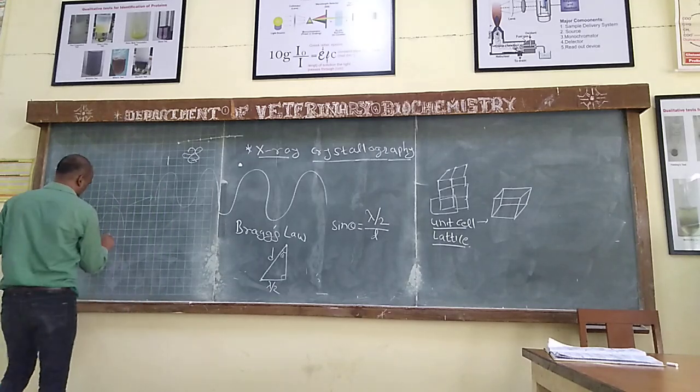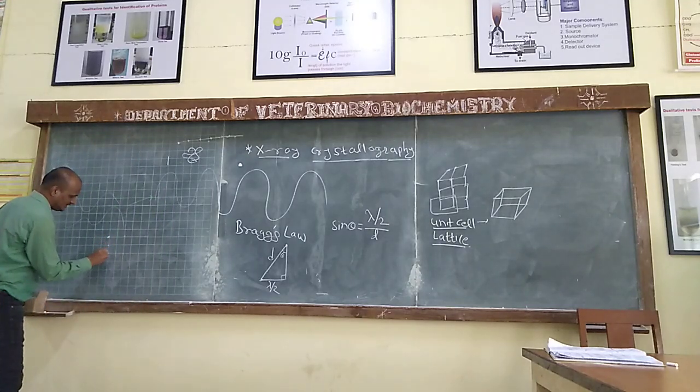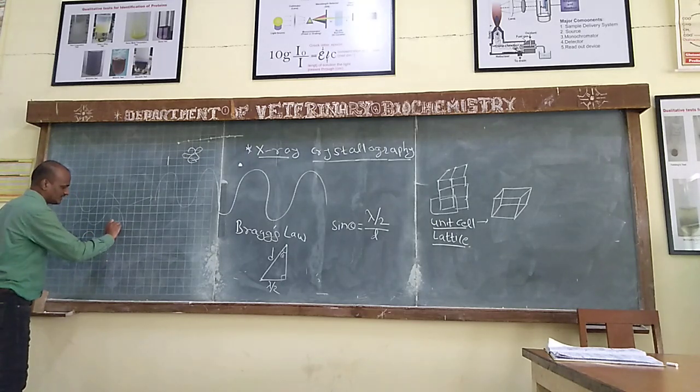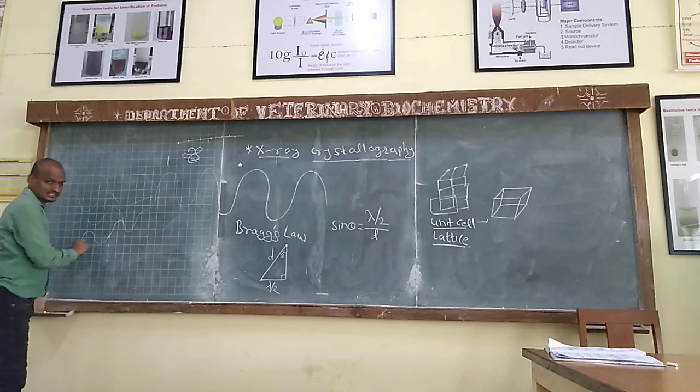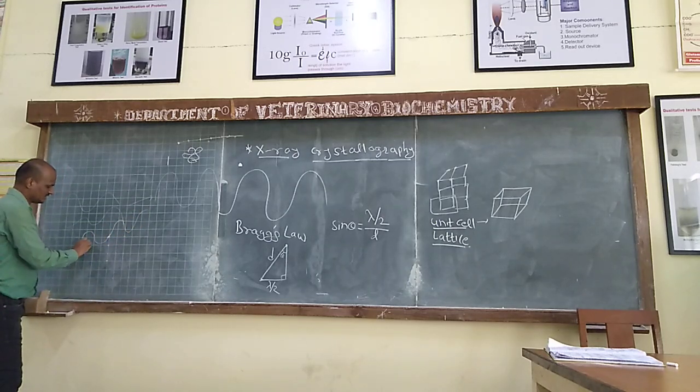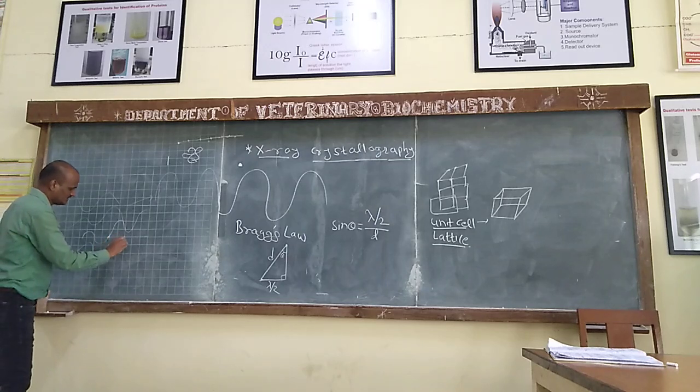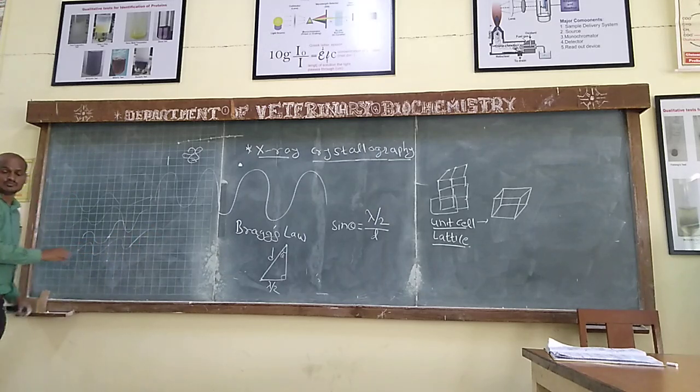If this wave is hitting at this point, then it is getting diffracted. Okay, so it is not going in a straight direction now, it is getting diffracted here. This wave is also hitting this one, it is also getting diffracted. But this wave pattern is matching, meaning trough is matching with trough, crest is matching with crest, because it is a regularly sized crystal.